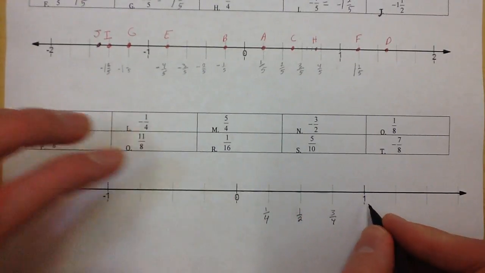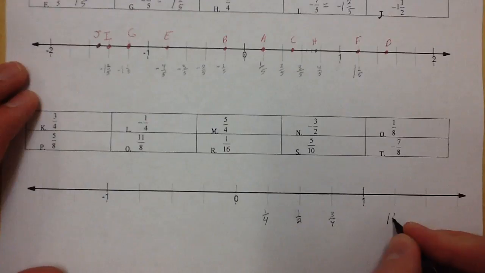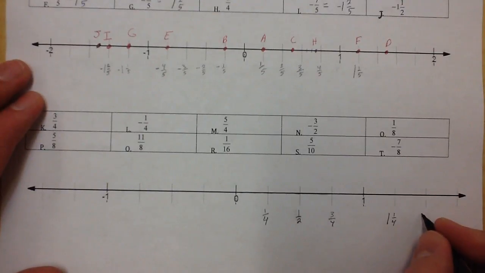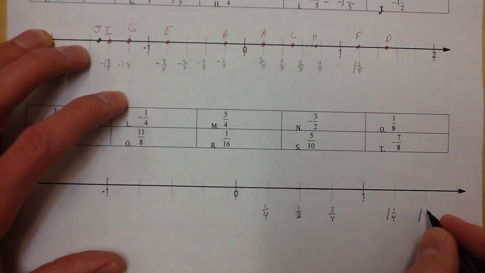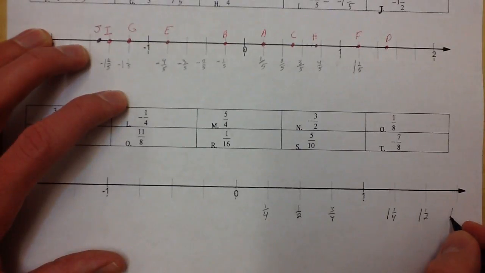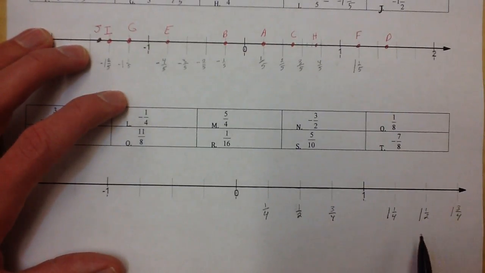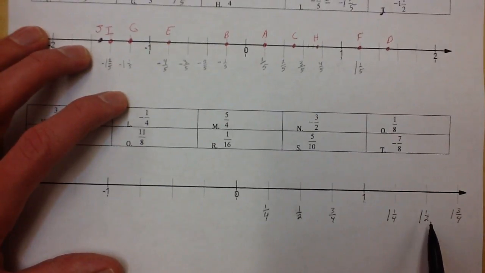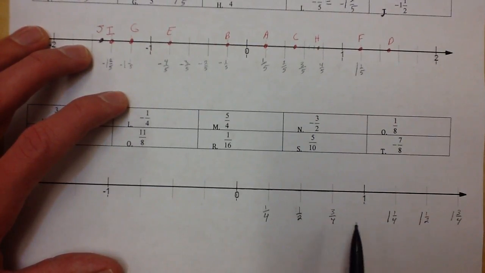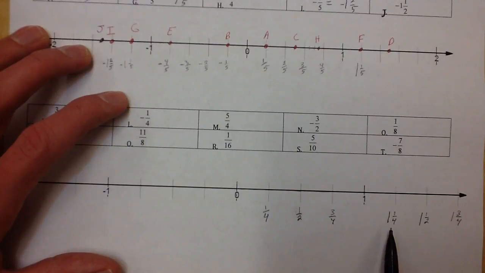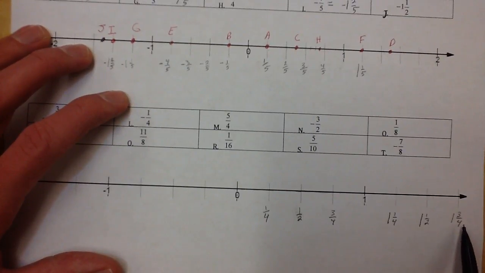3/4, 1. I'm going to keep going. 1 1/4, 1 1/2, 1 3/4. We're going up by fourths every time. And again, 1/2 is 2/4. 1/4, 2/4, 3/4, 1. 1 1/4, 1 2/4, 1 3/4, 2.